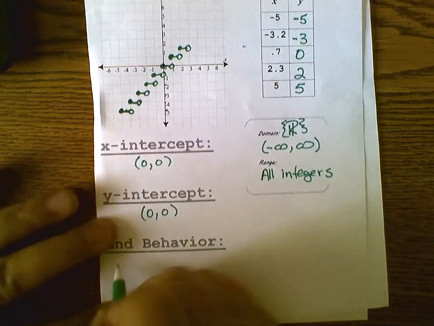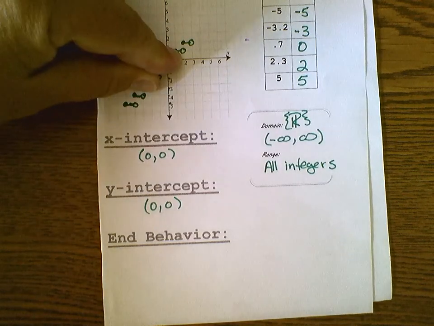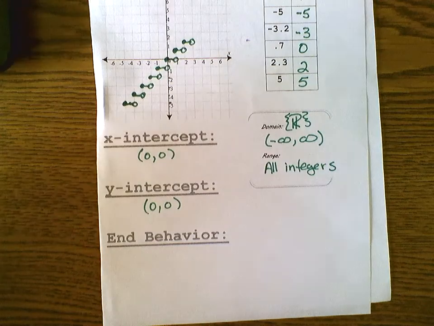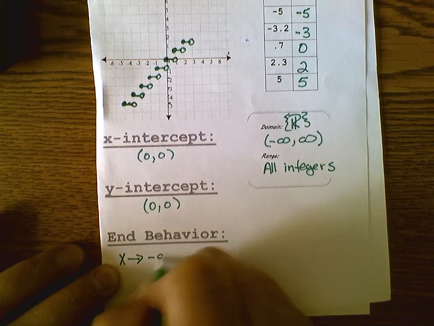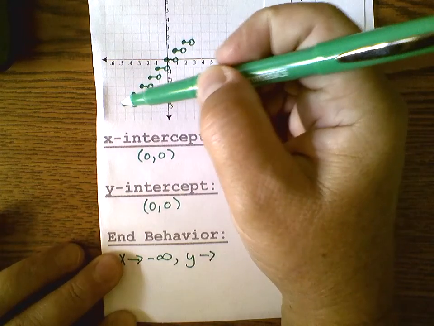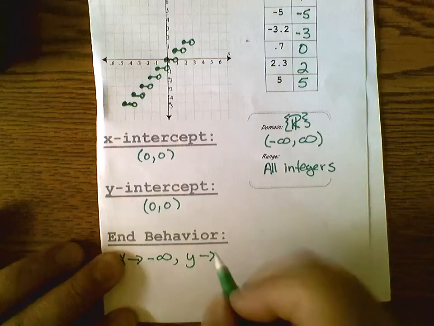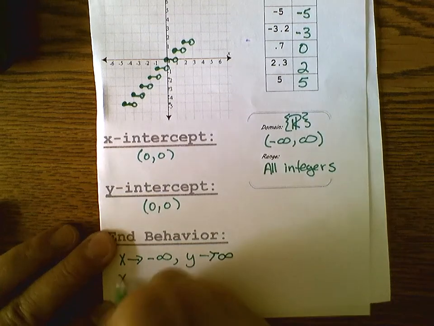Now, end behavior, again, remember it's end behavior. So we're not talking about all the stuff in the middle. At the end, when x is going towards -infinity, what is y doing? Well, x is still going on forever to -infinity, and so is our y going to -infinity.